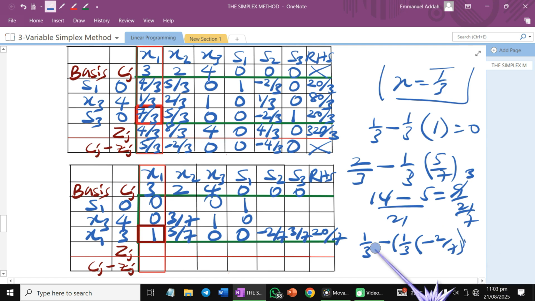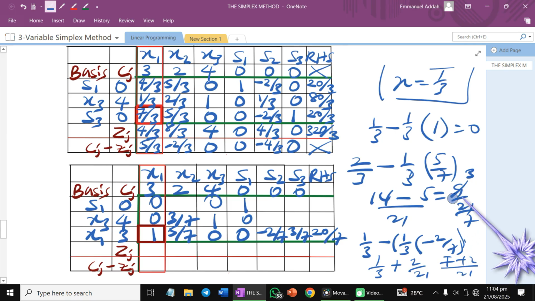So you solve from here, that will be 1 over 3 minus times 1 will give you plus 2 over 21. LCM is 21, 3 into 21 is 7, plus 2. That will be 9 over 21, which is like this one as well. 9 over 21, that will be 3 over 7. So here will be 3 over 7.